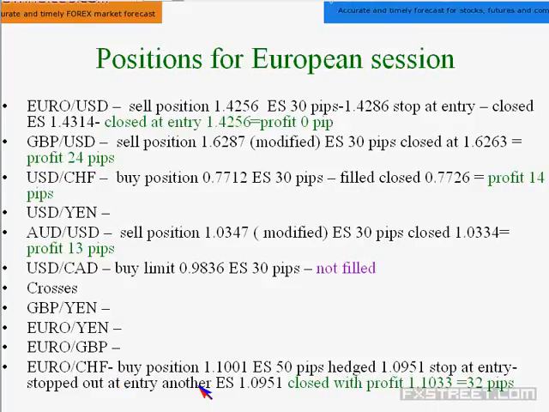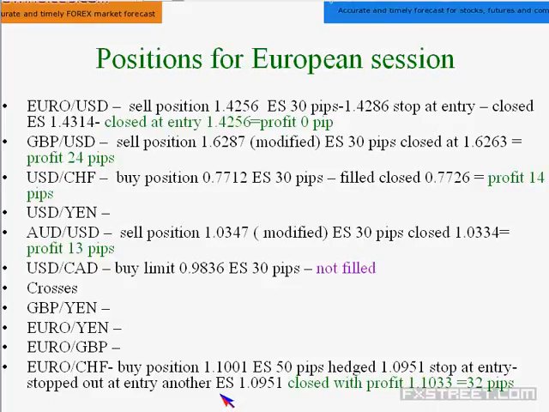I kept a buy order at 1.1001 when they were around 1.1046 or 1041, then 27, and then below that market at 1.1001, I kept a buy order with a 50 pips hedging order at 1.0951, 50 pips below, and they quickly made a drop, and afterwards my hedging was filled. I kept stop at entry, and they came down to 1.0930.